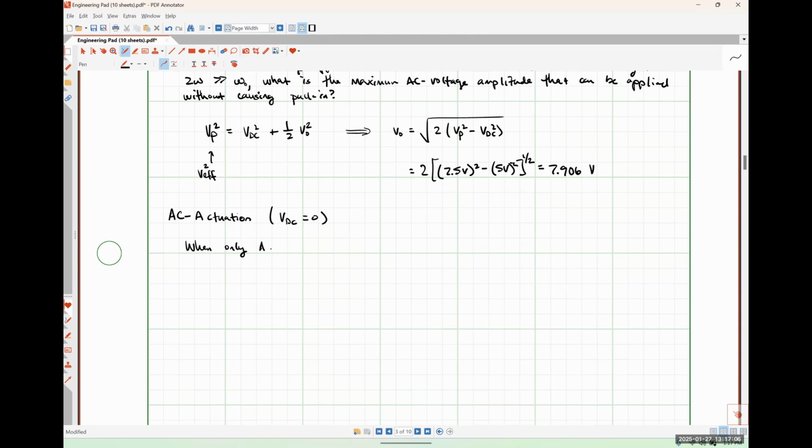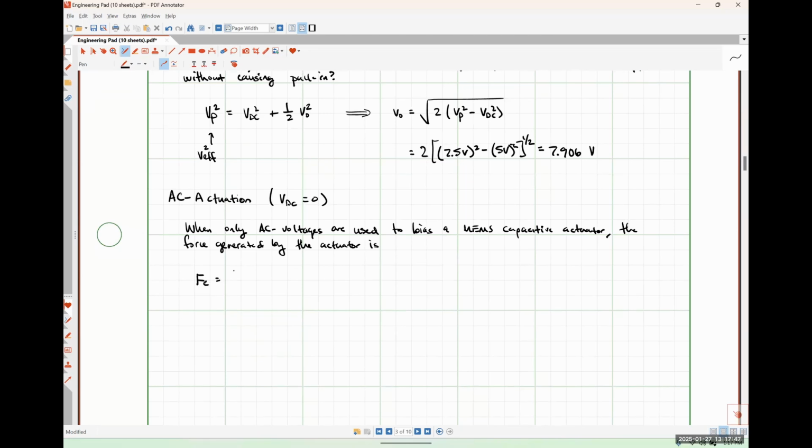Okay. So when only AC voltages are used to bias a MEMS capacitive actuator, the force generated by the actuator is this expression here.